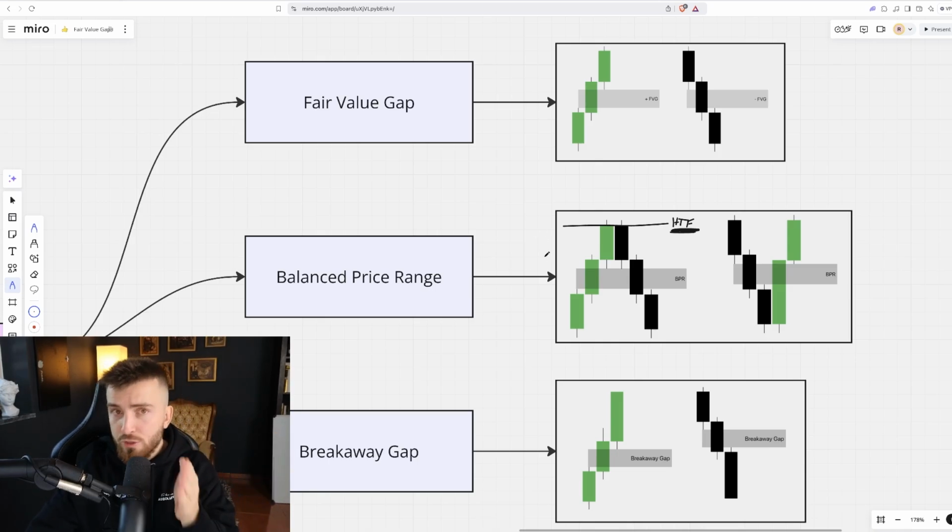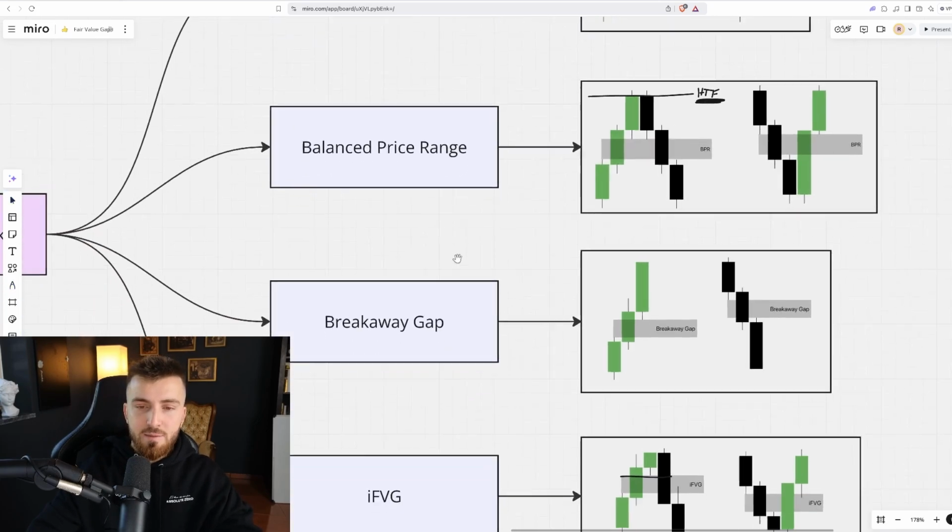These can be extremely, extremely powerful. And this is the bullish BPR, so when we have a bearish fair value gap and a bullish fair value gap, that is the BPR for you.